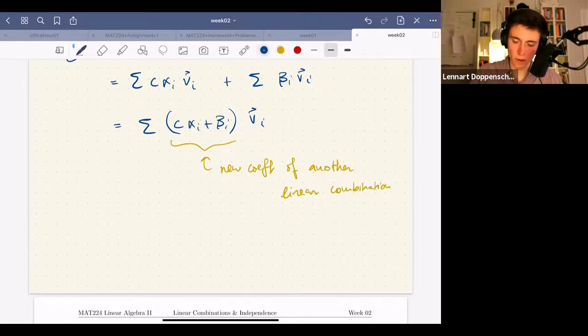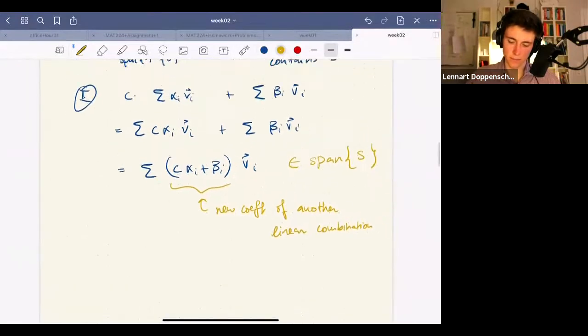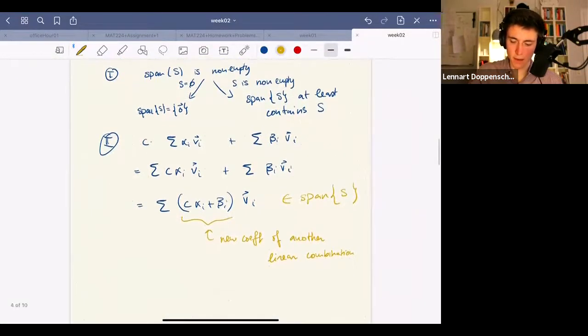And so therefore, it's the same vectors here, just different coefficients. But that's fine because we just said any coefficients are welcome. And so this is still in span S. Yeah, and then we're done.